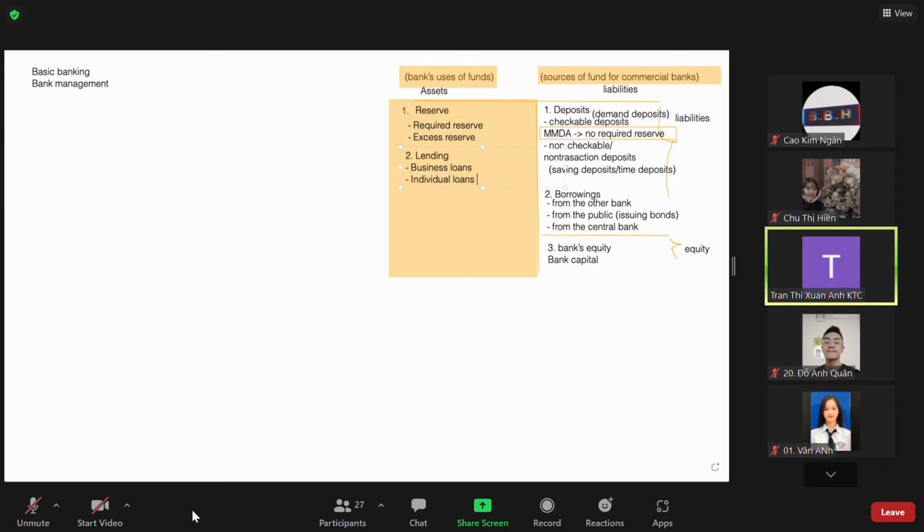Today, for the exercise, it will be mortgage loan here, or no mortgage loan, and there will be some kind of lending to the other bank.